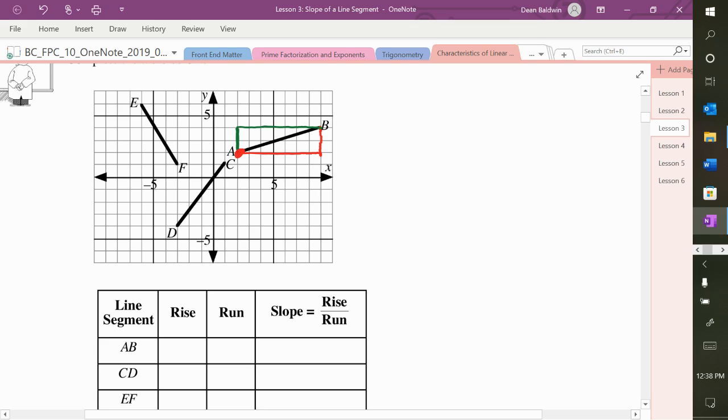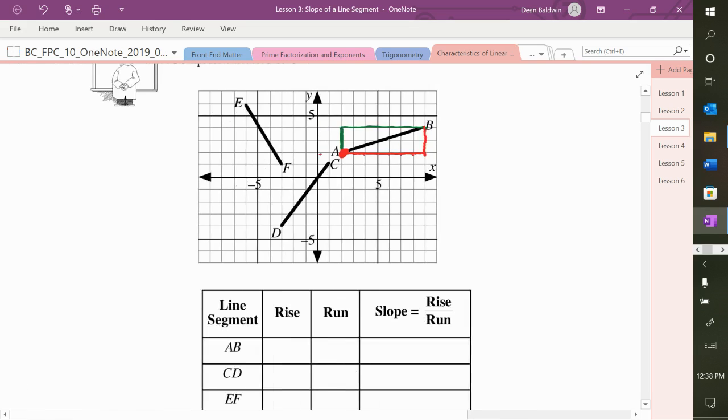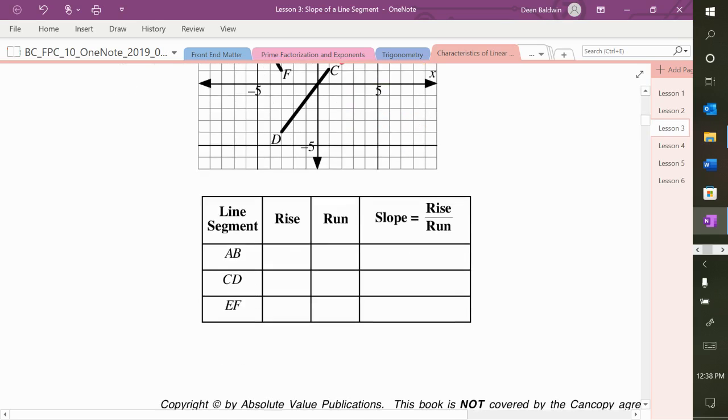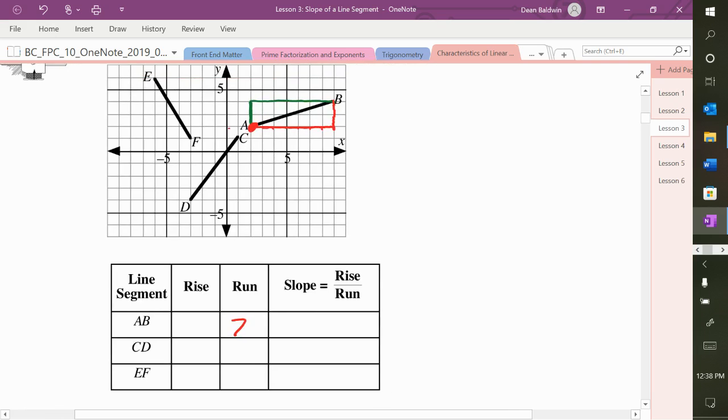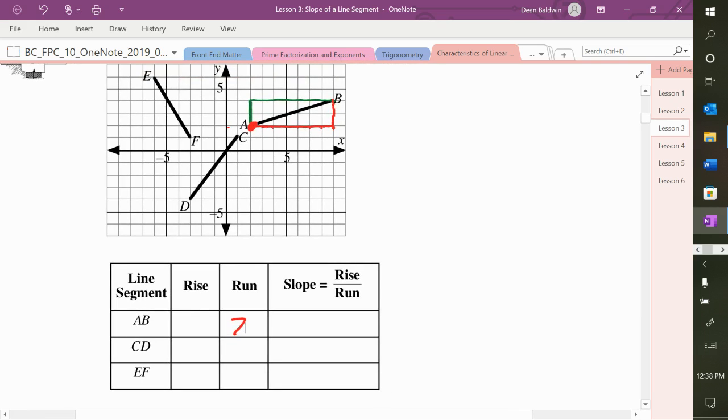Here I am at A. 1, 2, 3, 4, 5, 6, 7. That's side to side, correct? So that is my run, and it is 7. The run is 7, because I went side to side.